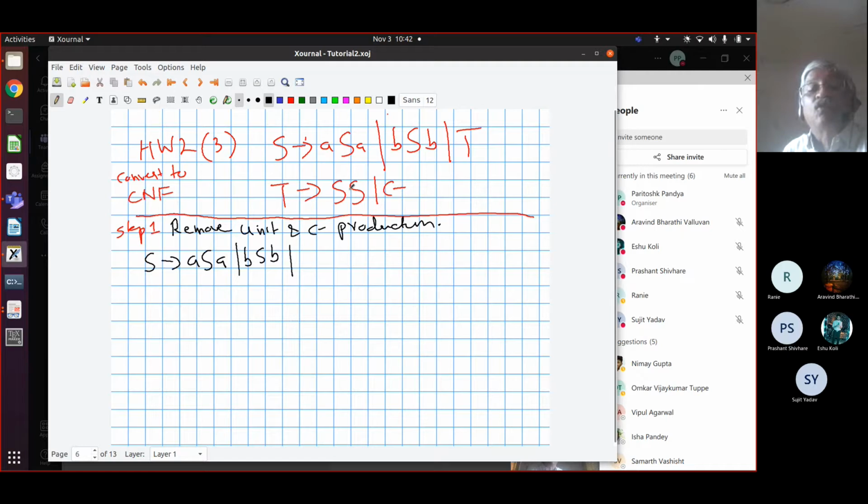So I directly make S goes to SS, right? Because S goes to T, which in turn goes to SS. I add this as a direct rule. So I get SS. Similarly, S goes to T and T goes to epsilon. So I add epsilon also, right? You got that?